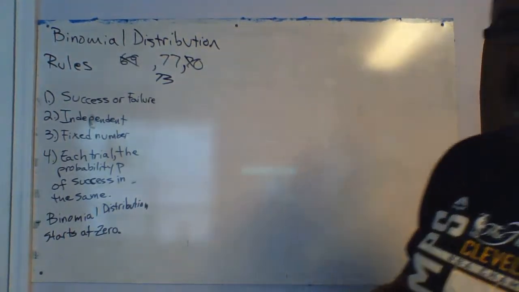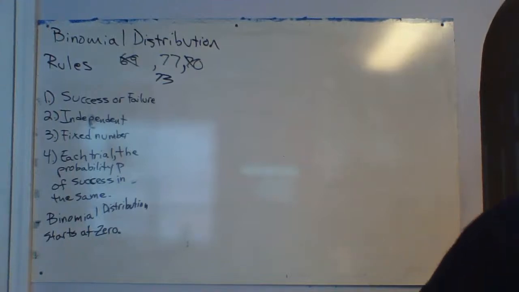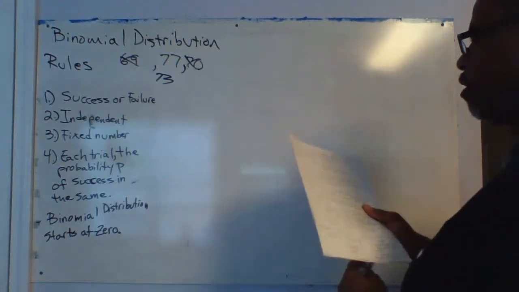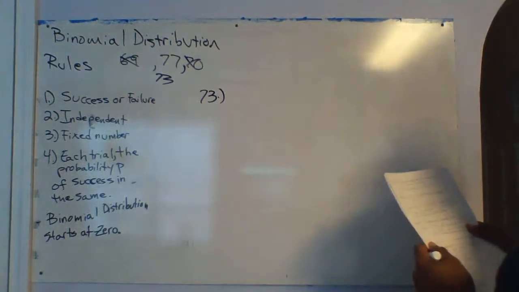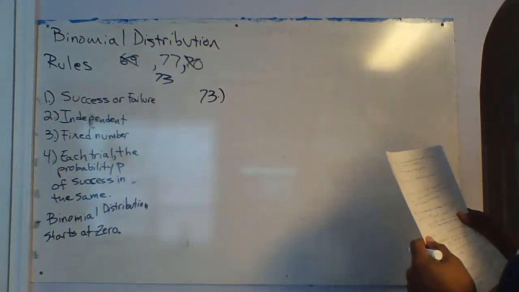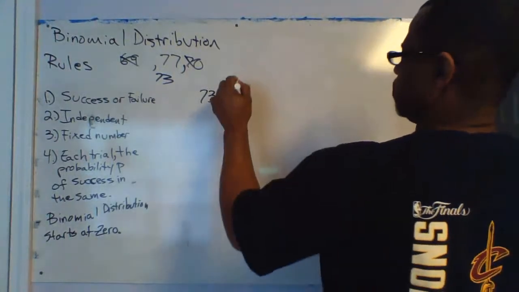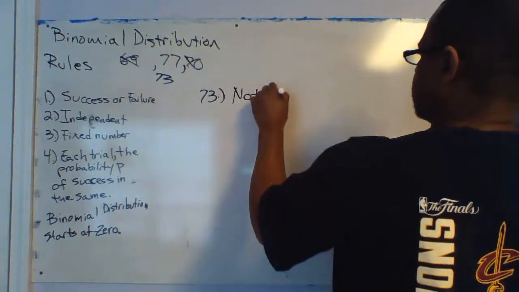So the next problem would be 73. So 73, you can talk about again the rules. The reason why 73 is not a binomial distribution: not all 4 of the conditions are met.